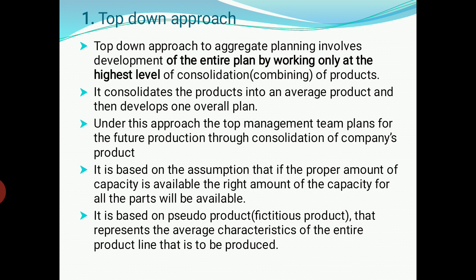That means with the help of consolidation, an assumption is made that if we are able to produce A, B, C, D, E products in a consolidated form with the average product, say Z, then by planning this much, it is clear that if the Z product, which is an average or fictitious product, can be made and everything is available to us, that means to produce the products A, B, C, D, E individually, things are present with us, and if not, then we can make the changes accordingly in each section.